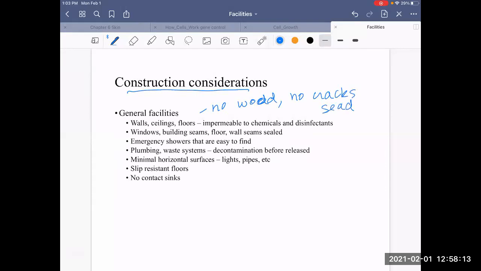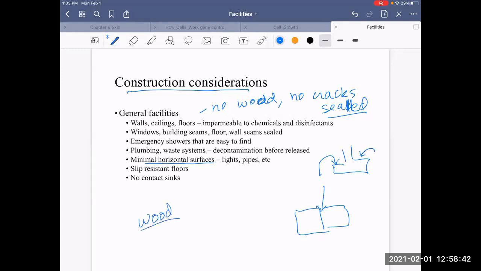If you look in our lab, it is not designed to these specifications, because we have square tiles, and things could get in between the cracks. We have horizontal surfaces where our lights are hanging from the ceiling, so things can get up there. We have wood. I typically don't have wood because it's hard to decontaminate, and stuff grows on it.